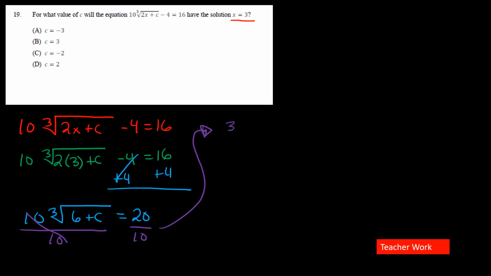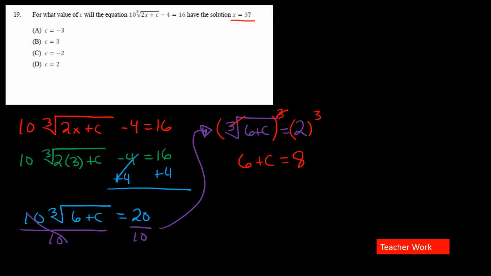So we're going to say the cube root of 6 plus c equals 2. So now I want to get rid of this cube root. To do that, I want to cube both sides. Simplifies out. I get 6 plus c equals 2 cubed. 2 times 2 is 4, times 2 is 8.